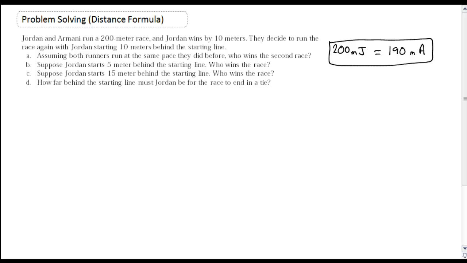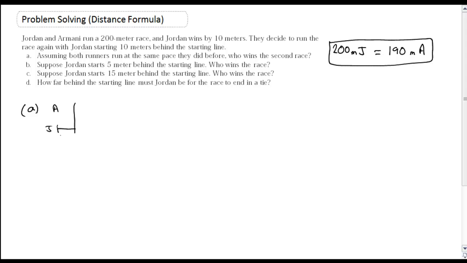Okay? So now it says that Jordan's going to start 10 meters behind the starting line. So A says, assuming both runners run at the same pace they did before, who wins the second race? All right. So the way to think about it is, here's Armani, here's Jordan.